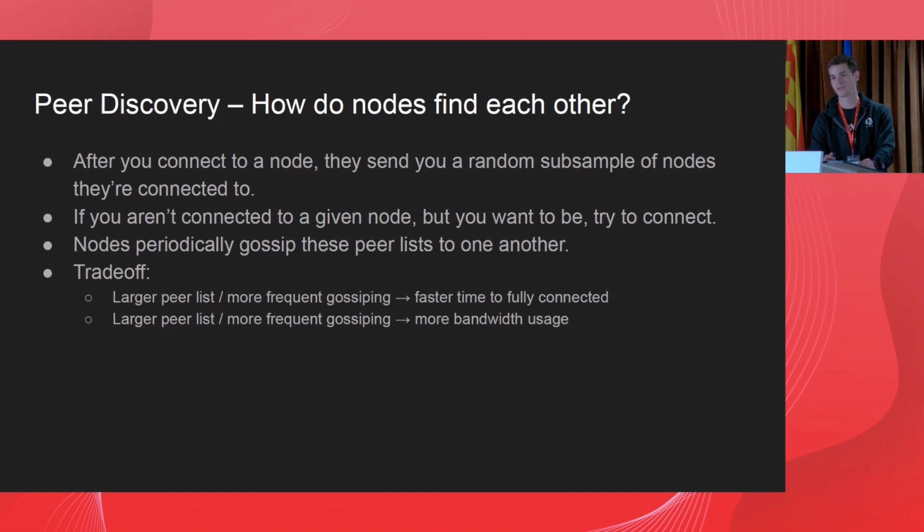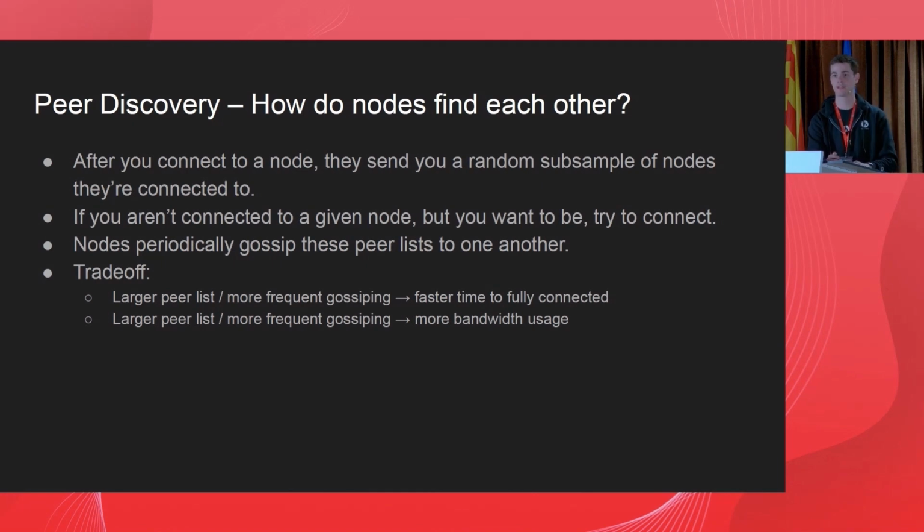Ignoring the question of how you get connected to the first set of peers, which I'll come to in a second, when you're connecting to another node, you exchange a subset of your peer list as a gossip mechanism to spread information about who is in the network. This is how we disseminate information about who all is on Avalanche right now.